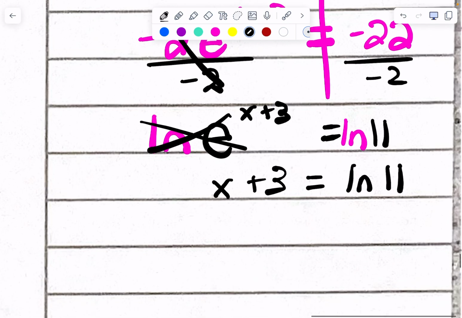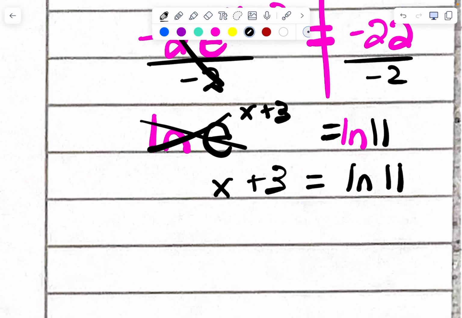Then I do ln of 11 in my calculator and subtract 3. So x equals ln of 11 minus 3. You do ln of 11, that whole thing, then subtract 3. This is not the same thing as ln of 8. It's ln of 11, whatever that number is, minus 3.